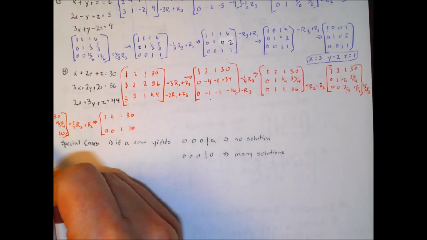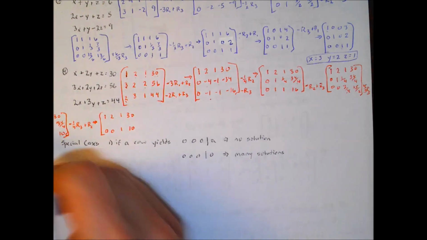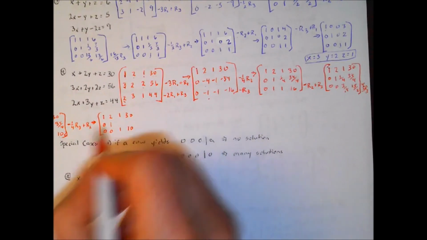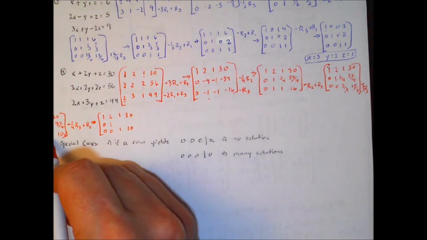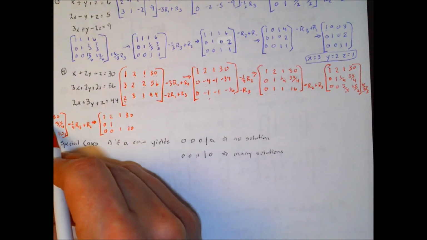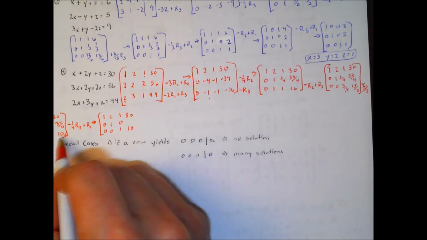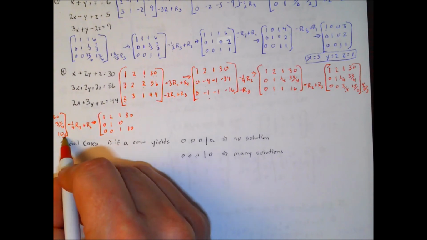Negative 0 plus 1 is still 1. Okay, negative 1/4 times 1 is negative 1/4, plus 1/4 is 0. Negative 1/4 times 10 plus 34/4 gives us 6.